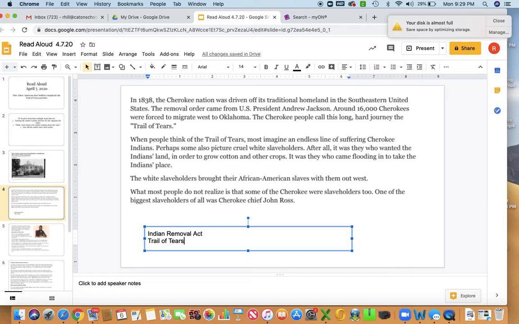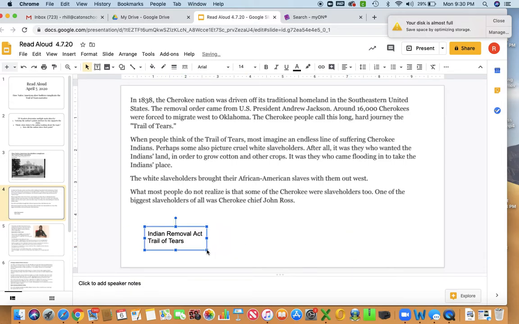When people think of the Trail of Tears, most imagine an endless line of suffering Cherokee Indians. Perhaps some also picture cruel white slaveholders. After all, it was they who wanted the Indians' land in order to grow cotton and other crops. So we know, I'm going to start another box over here.